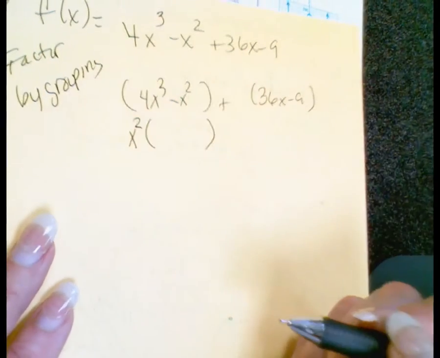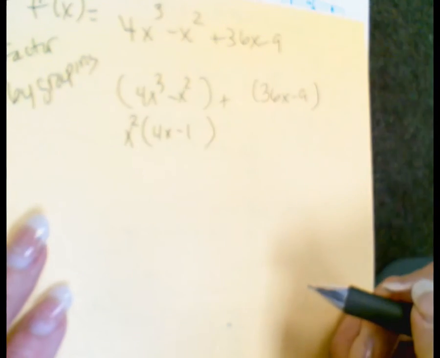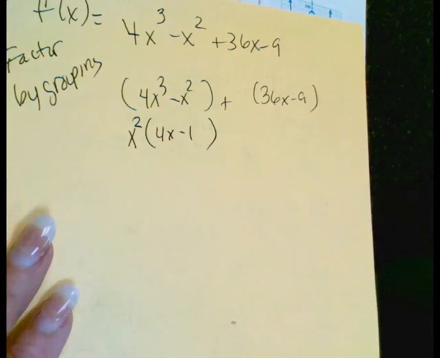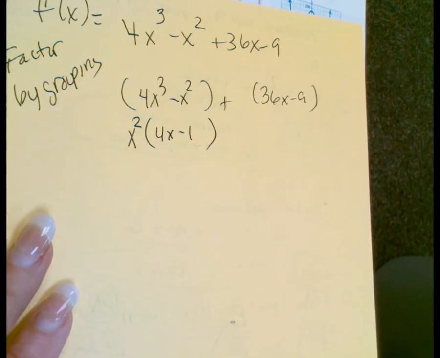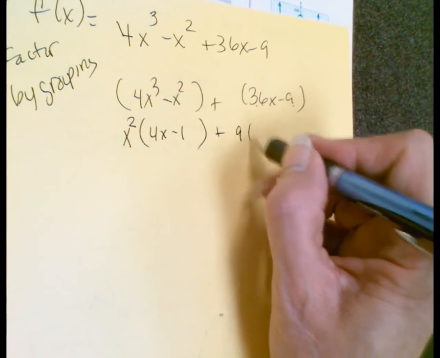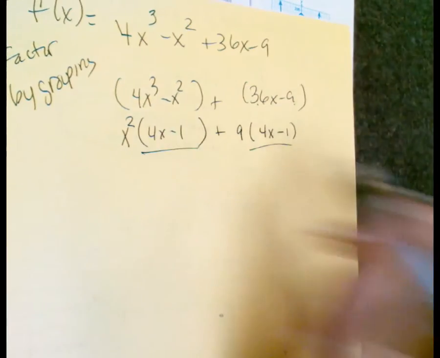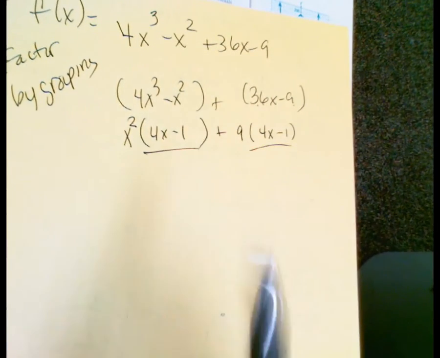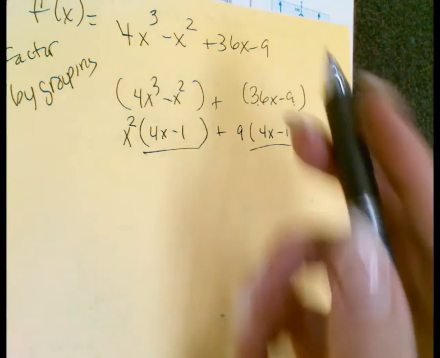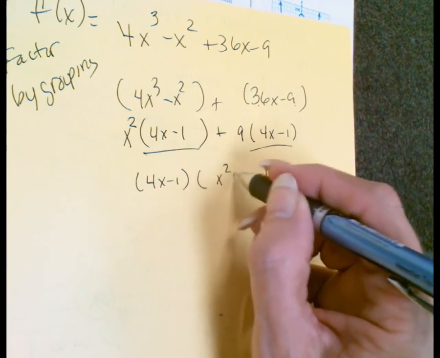X squared. You're right. So we would get 4x minus 1. Now in order to do this right, you need to get another 4x minus 1 in the other grouping. So what's the GCF of these two? 9. And you get 4x minus 1. There is that magic 4x minus 1. So now the GCF of these 2 terms is 4x minus 1. So you bring that out front, and you're left with x squared plus 9.